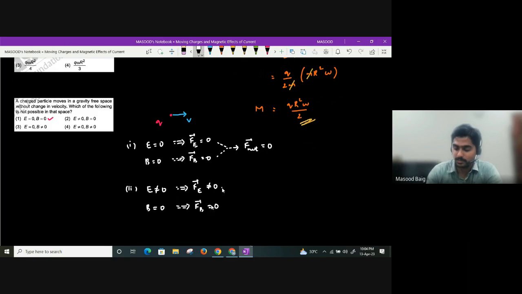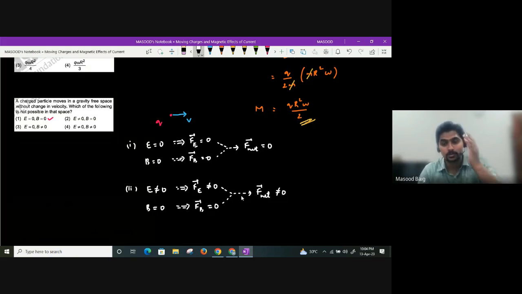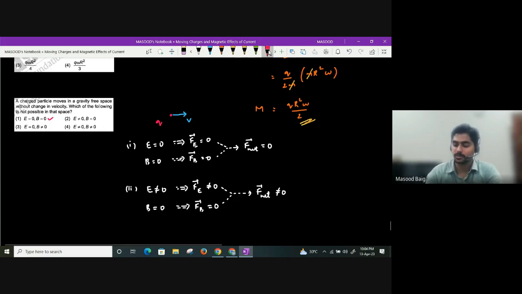In this case, net force will not be 0, guys. It is non-zero. Suppose we change the question: can it move in a straight line without getting deviated? It is possible for it to move in a straight line because this is a charged particle.